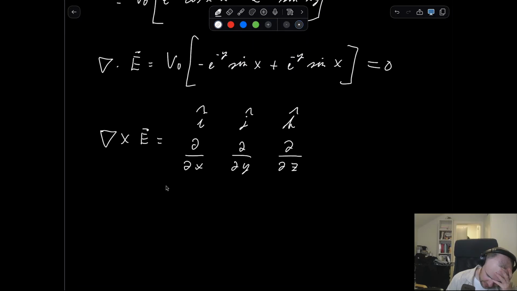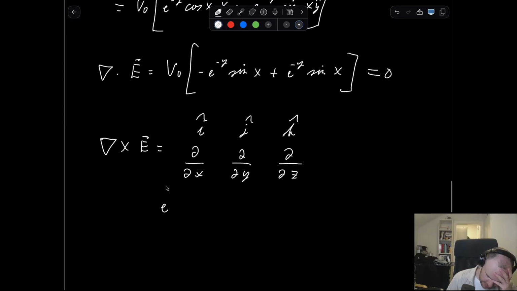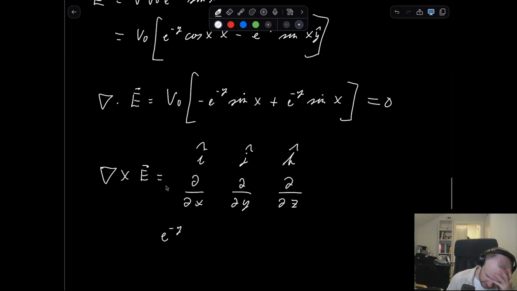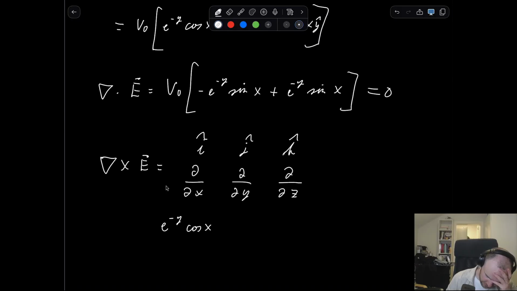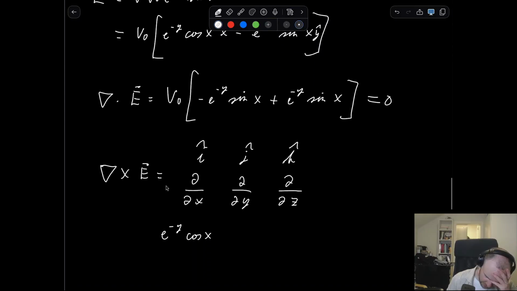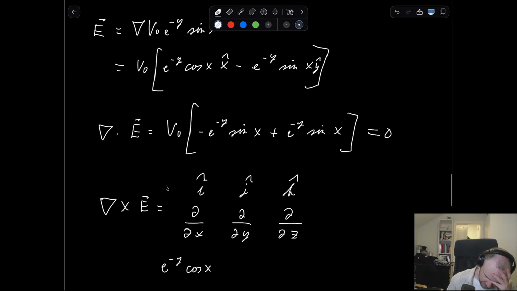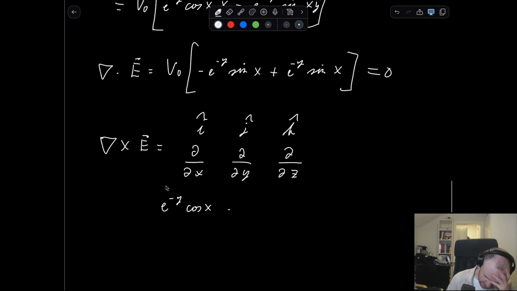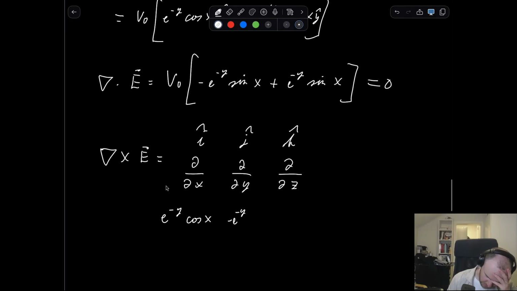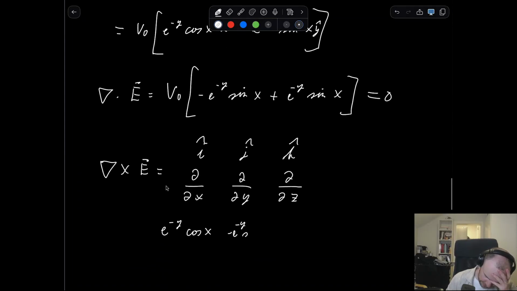All right, and then of course we have e to the -y cosine of x. We don't need V0, that's just in the way. Then we have minus e to the -y sine x, and then 0.